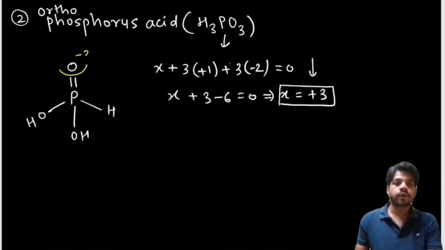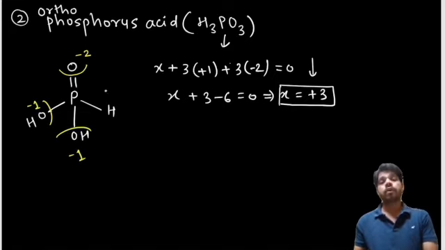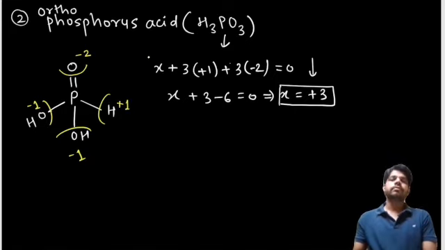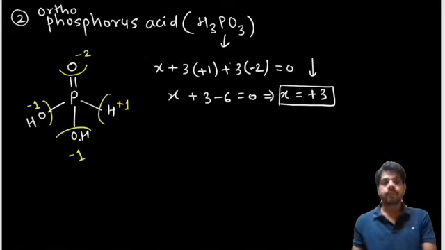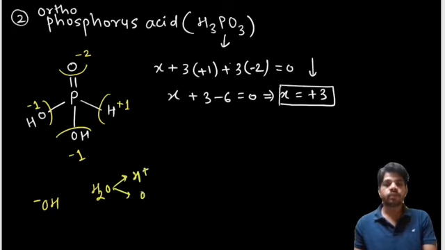For this oxygen, we have P double bond O, that's why -2 for this oxygen, -1 for this, -1 for this. Now, the P-H bond will give +1 to the hydrogen. You have to remember this. This is the key point, right? For the OH, we have -1. You can understand this simply by H2O, which has two things, an H plus ion and an OH minus ion.